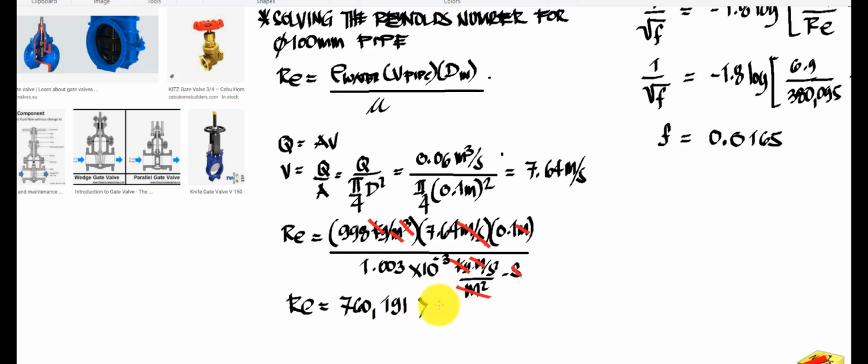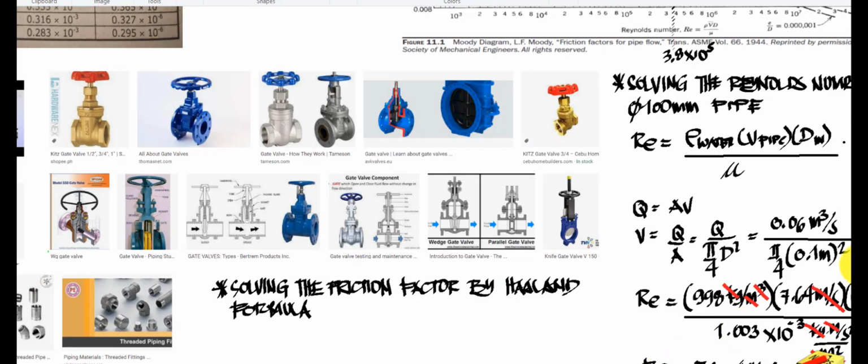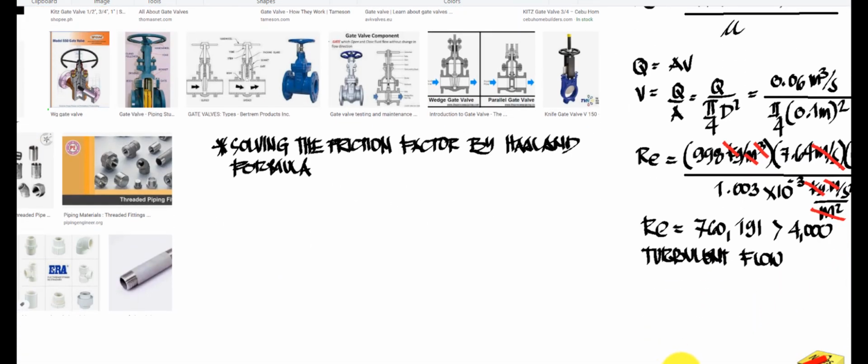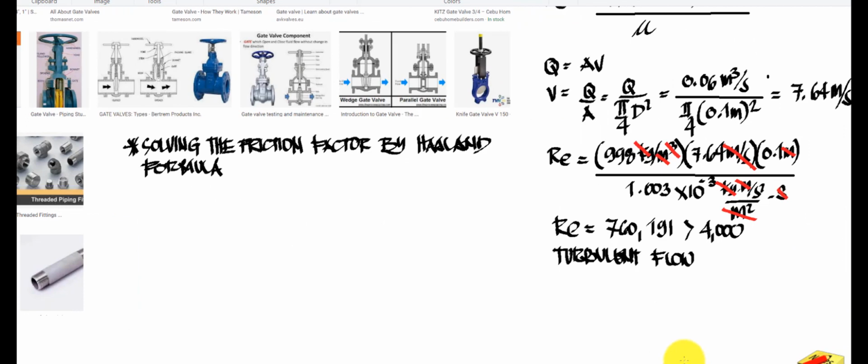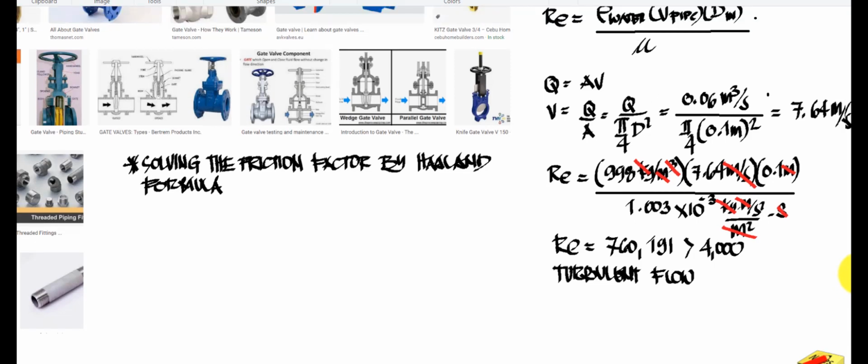This is greater than 4,000, so since the flow is turbulent, usually we'll be dealing with the Moody diagram. Now since I introduced the Haaland formula, that is what we will use from now on.